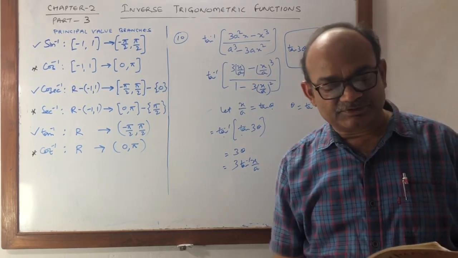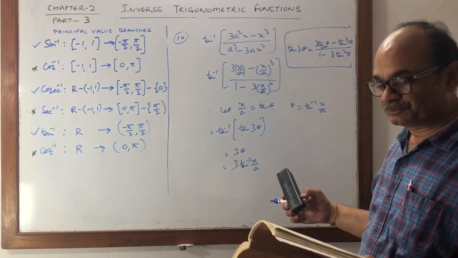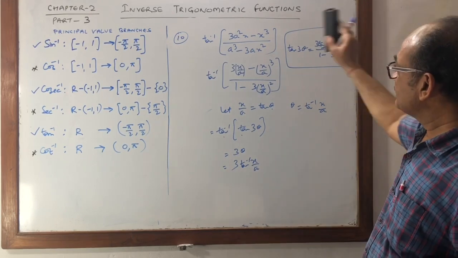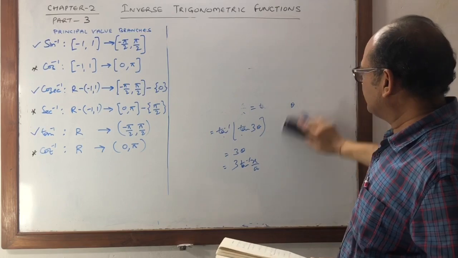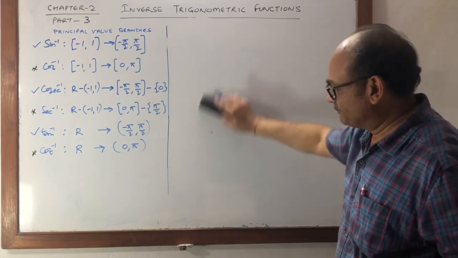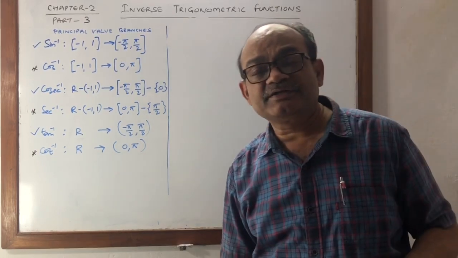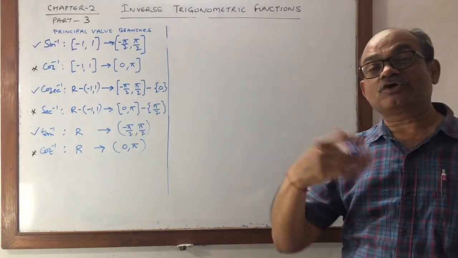Now next type of questions, from 11th to 15th. Few questions based on just like solve for x. It means one variable is unknown and we have to calculate the value of x, or solve for x.